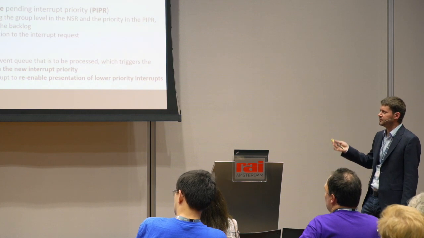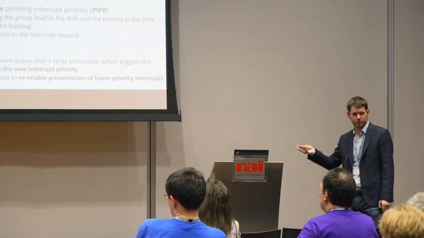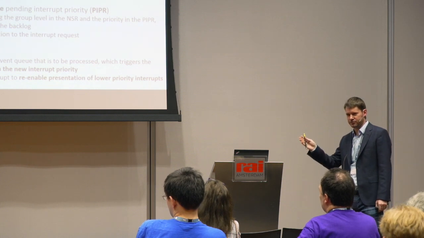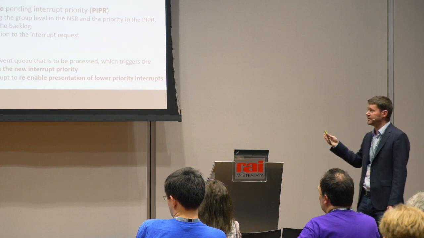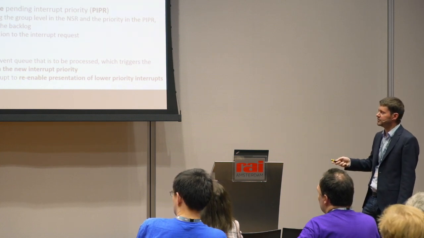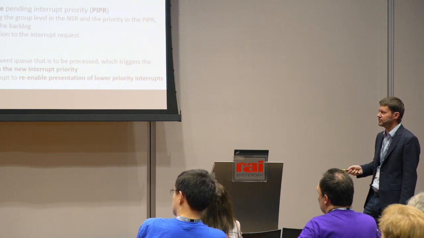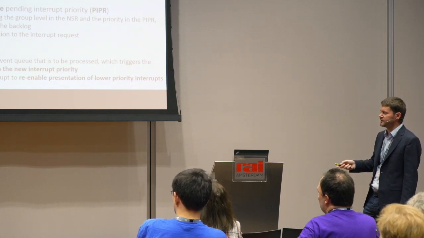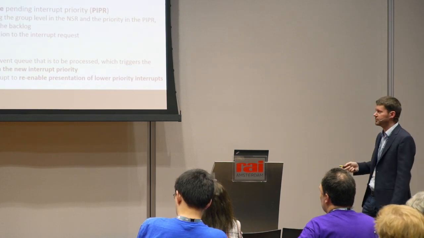From a software perspective, once we have accepted an interrupt, there's a wire basically to the core that goes up, and it will trigger the core to branch into the interrupt handler routine. Then the software will come back and read the NSR plus the CPPR registers. The NSR, as I said, is for determining whether it is a VP-based interrupt or a group interrupt.